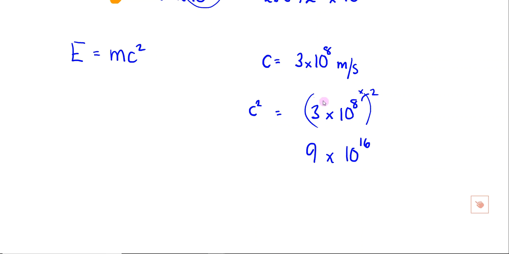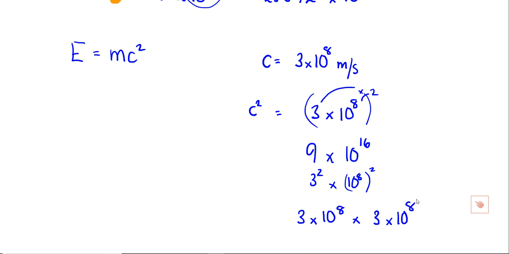Okay? So we've got 3 squared times 10 to the power of 8 squared, because when you square something, what do you do? Times it by itself. So we've got 3 times 10 to the power of 8 multiplied by 3 times 10 to the power of 8.